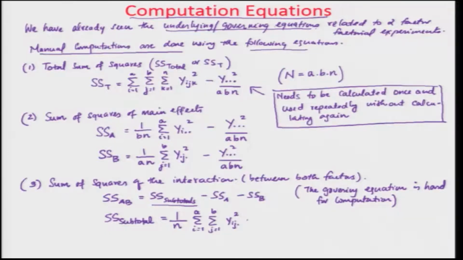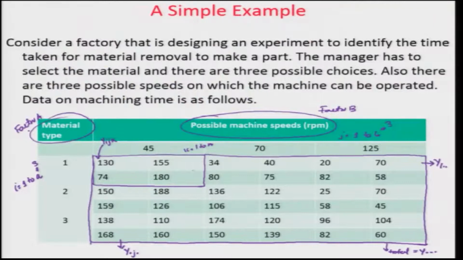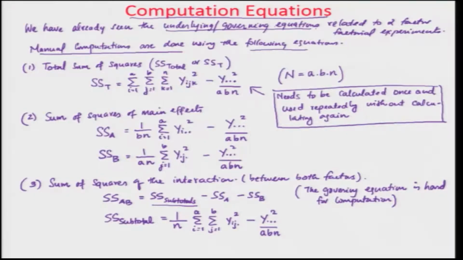We have already seen what it is in the previous case. This whole thing for this entire cell of 4 is the y i j dot. Fine. So, then this is done.